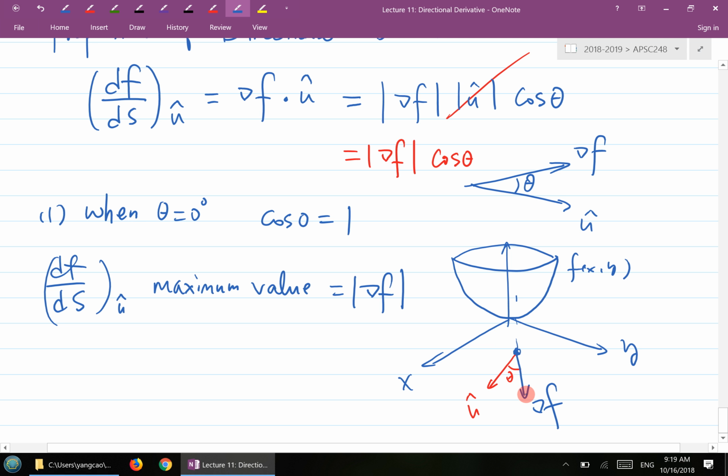The direction of the greatest increase in the function f. And that's actually basically a proof here. So in this case, u hat is in the same direction as del f.